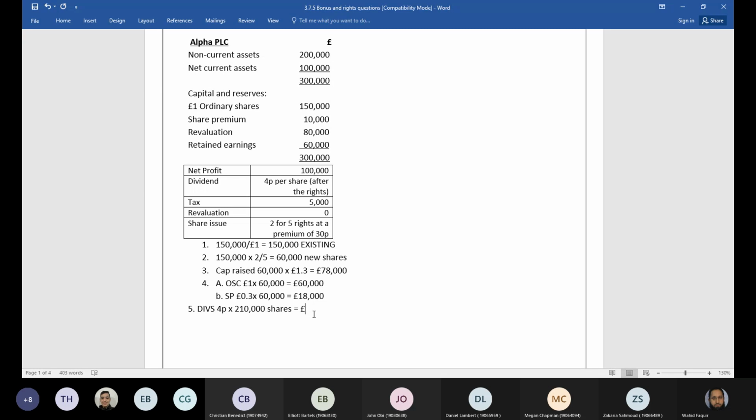It's a calculation everybody can do, probably using the calculator anyway. 8,400. That's what we're giving out. We need to take this amount out of the profit. But we're going to show it in the Socie table anyway, so the workings will be done in the Socie table. Let's do the Socie table then.